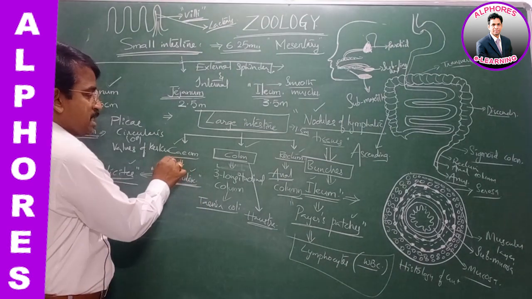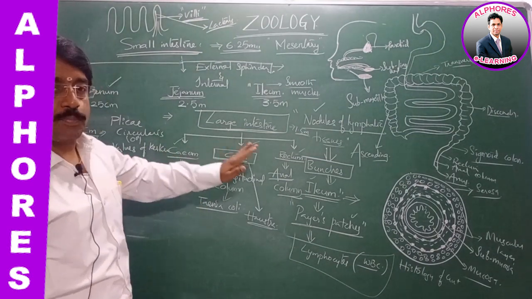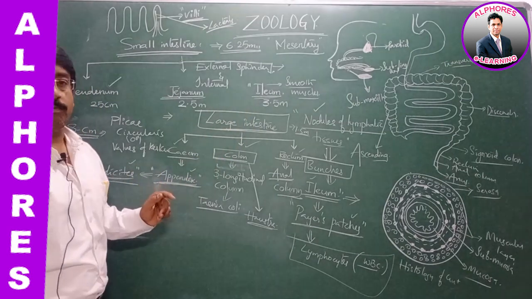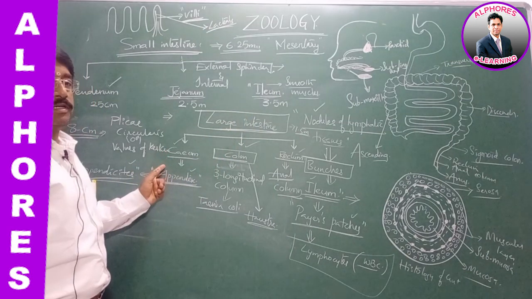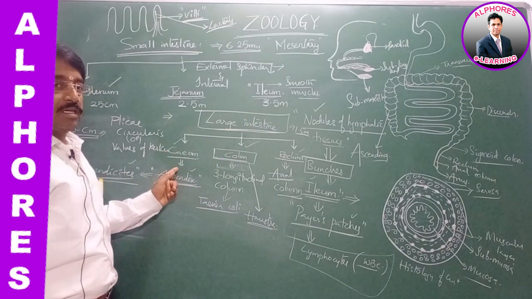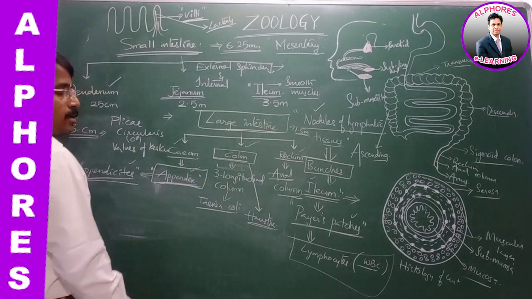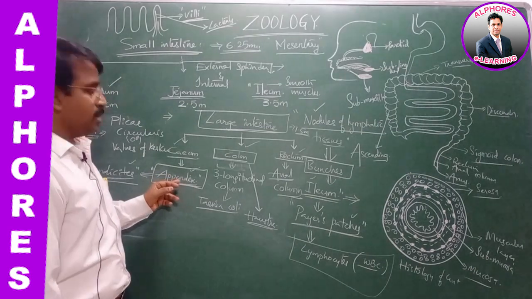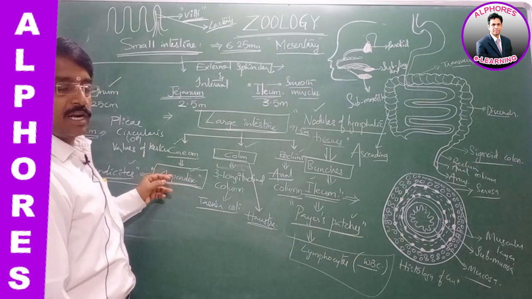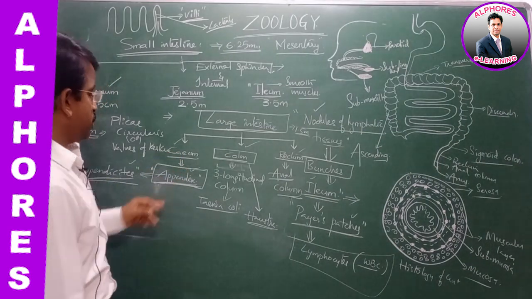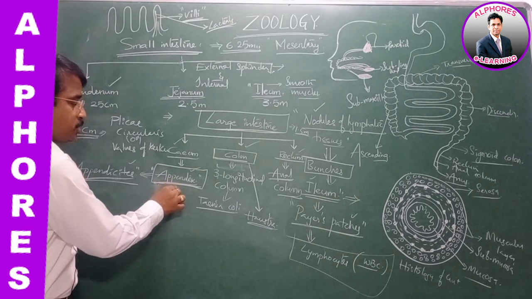The cecum is the next part after the small intestine, and it has a blind projection. A finger-like blind projection arising from the cecum is named the appendix.